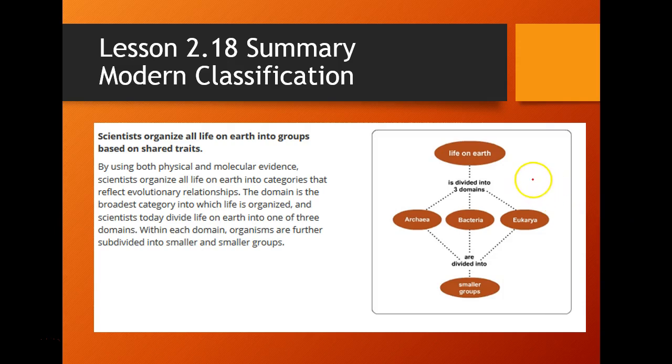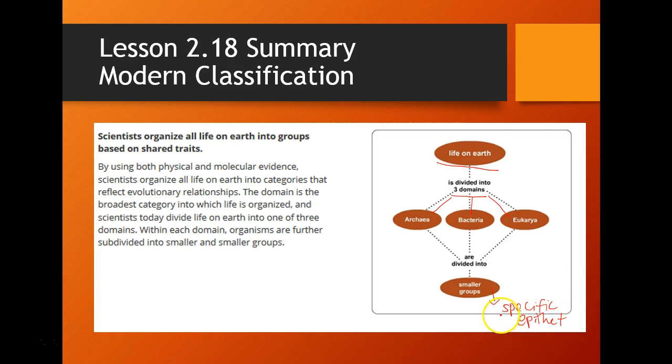So a summary of what we went over for this lesson is that all life on Earth is divided into 3 domains. We have the archaea, the bacteria, and the eukarya. From those domains, we can then break them down even smaller until we get to the specific epithet, which is their unique name for their species.